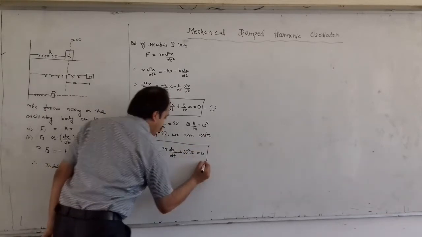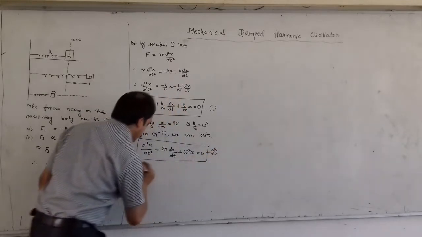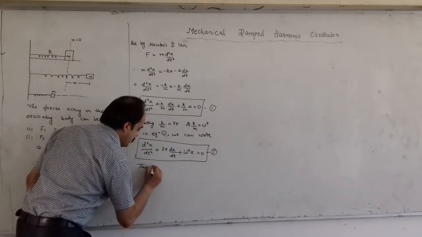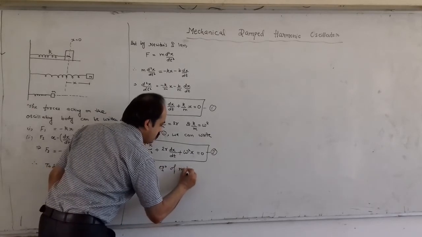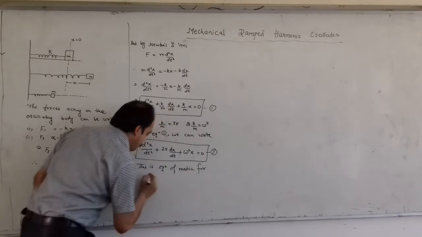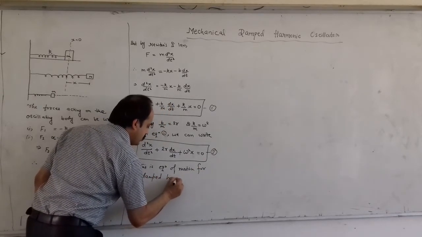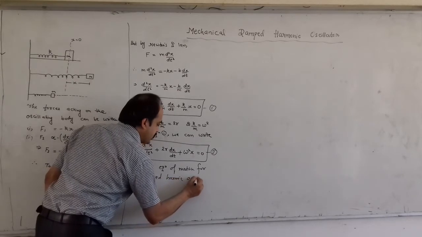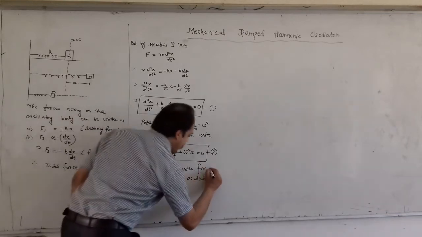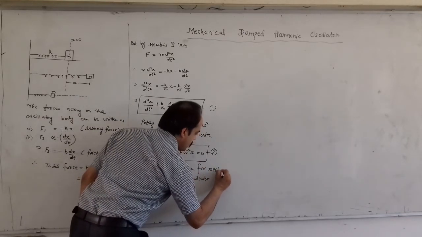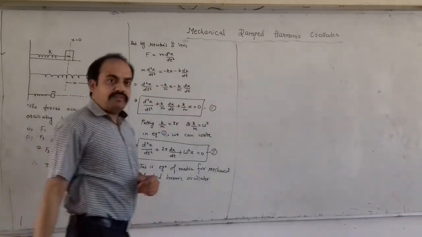This is our equation of motion for the mechanical damped harmonic oscillator.